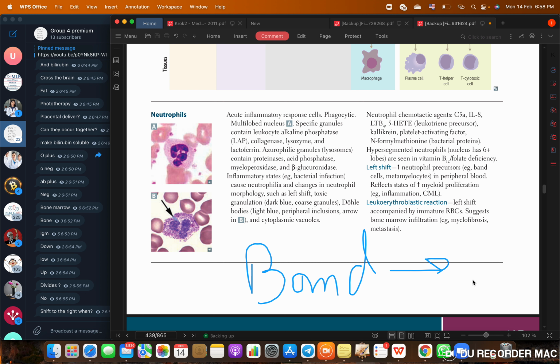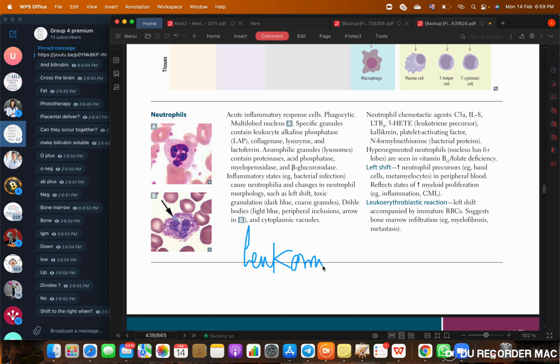The band can be converted into the mature neutrophil, and the neutrophil can be converted into the multi-segmented neutrophil. So if we are speaking about alkaline phosphatase in somebody with an inflammatory reaction, I'm just going to differentiate between leukemoid reaction versus leukemia. I highly suggest that you write this down.